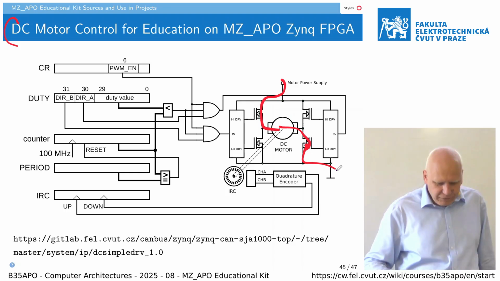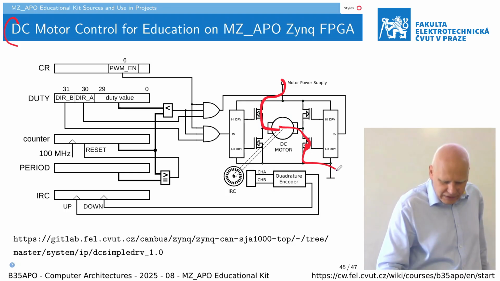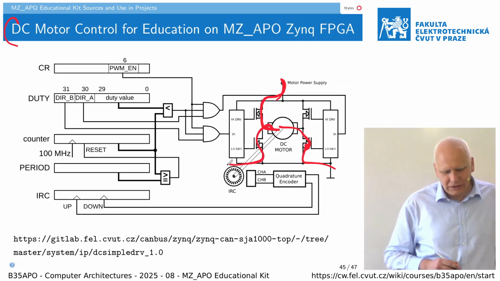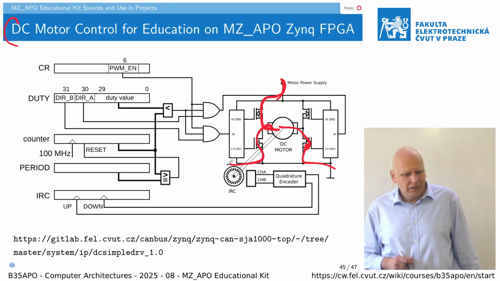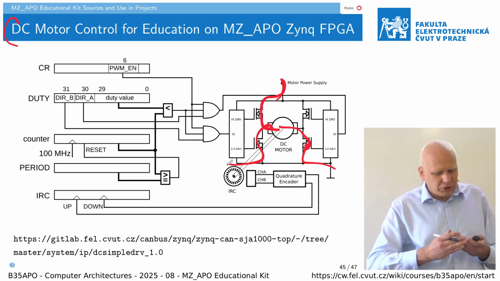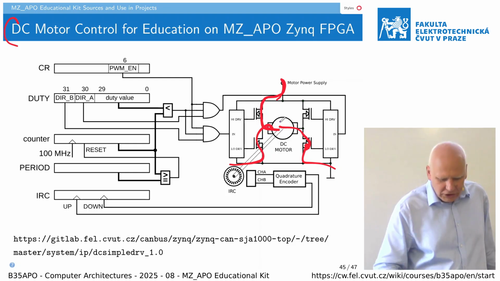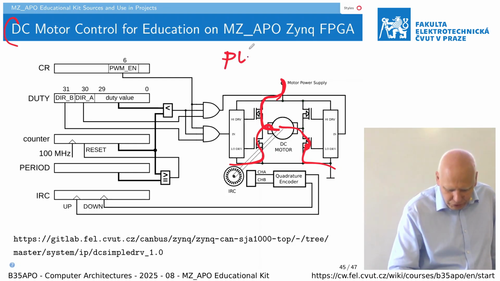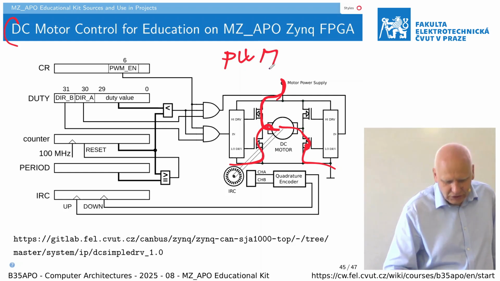And if you alter the state when the motor is connected to the power supply and when it is connected to the ground, to the low level, then you can do a proportional control of the voltage which is connected to the motor, so pulse width modulation.